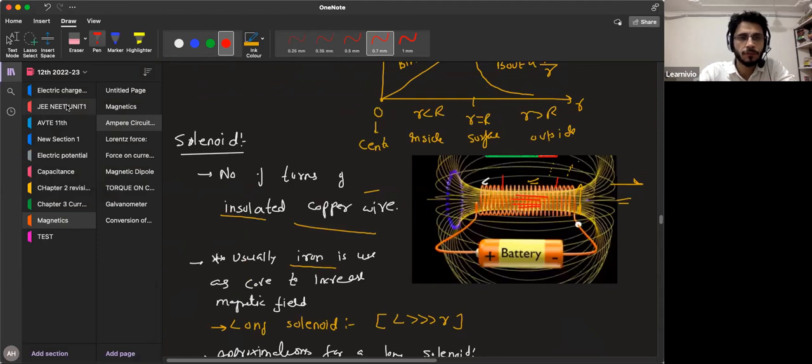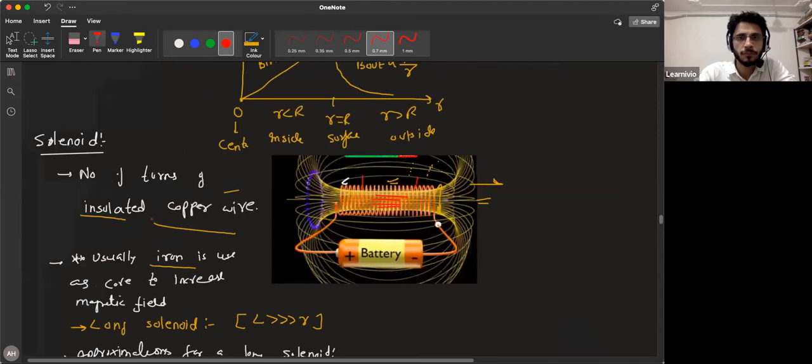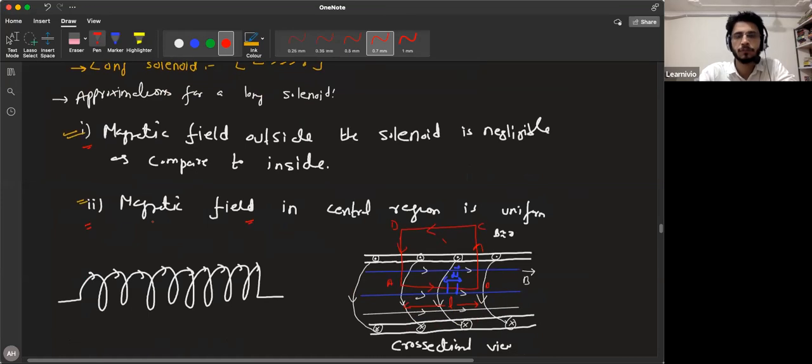So can you show the approximations for long solenoid? Yes, yes, yes.